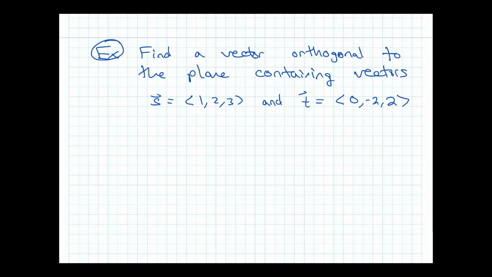And so whenever you see something like find a vector orthogonal, that should trigger your brain to think, oh, is there a cross product? Because cross product produces orthogonal vectors, right? So you see this and you should think probably a cross product.